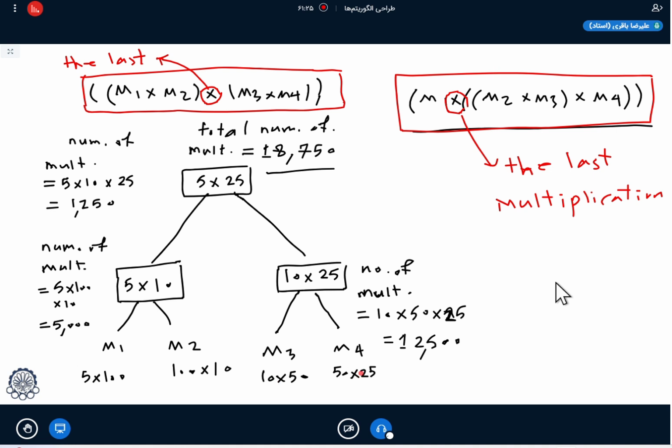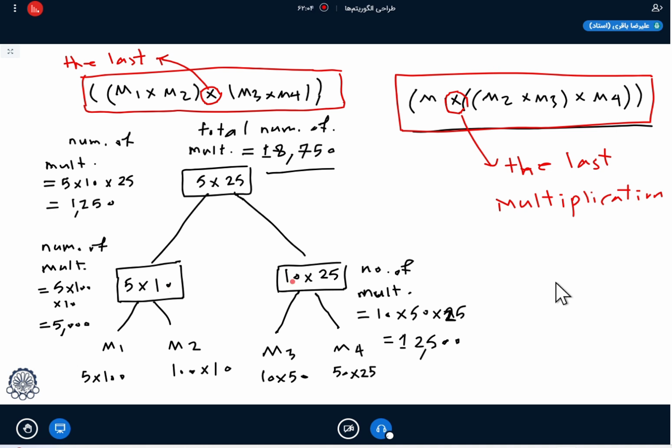Also for M3 and M4, if we multiply M3, which has 10 rows and 50 columns, by M4, which has 50 rows and 25 columns, we get a matrix that has 10 rows and 25 columns, and the number of multiplications is 10 multiplied by 50 multiplied by 25. At last, the left side is multiplied by the right side. On the left side, we have a matrix that has 5 rows and 10 columns.